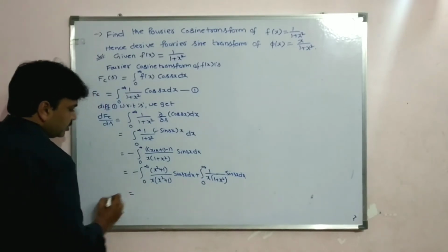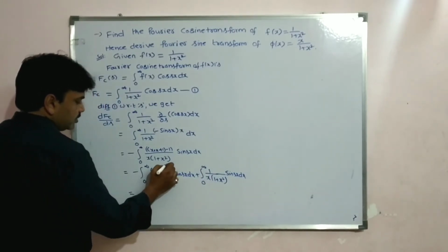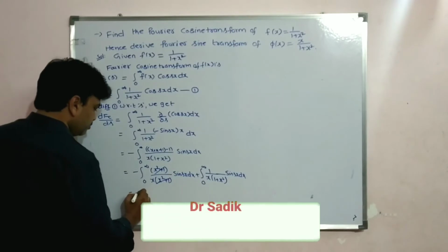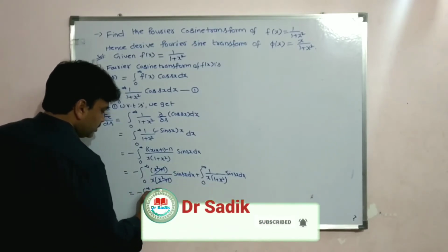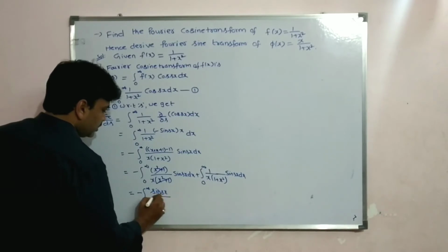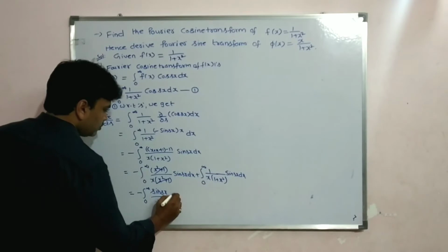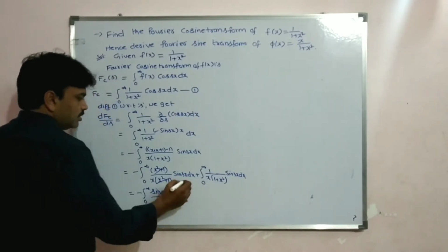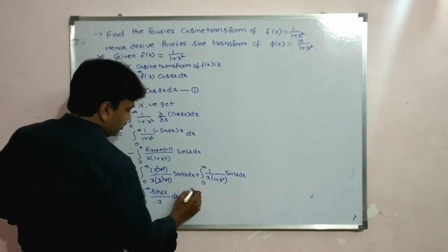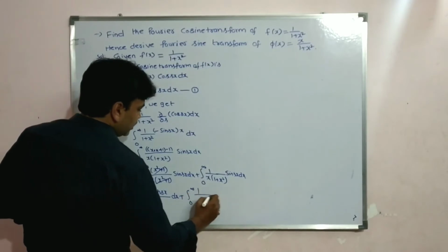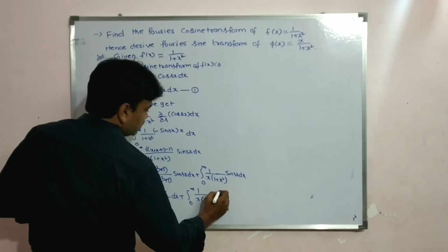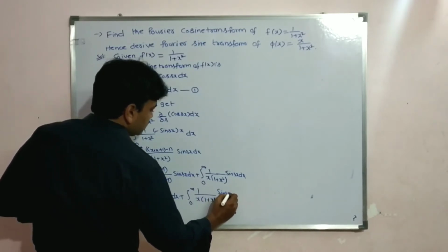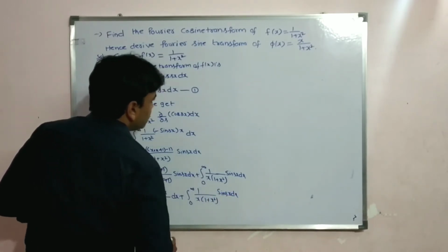So x square plus 1 cancels. We get minus integral 0 to infinity sin sx by x dx plus integral 0 to infinity 1 by x into 1 plus x square sin sx dx.